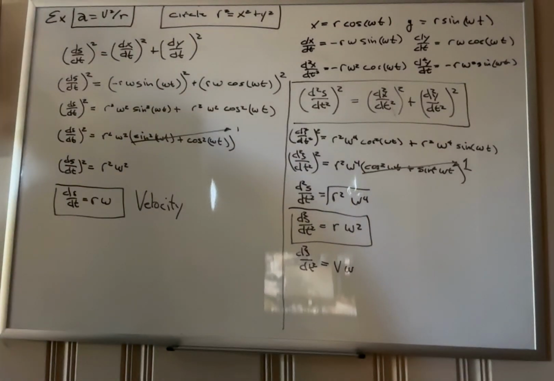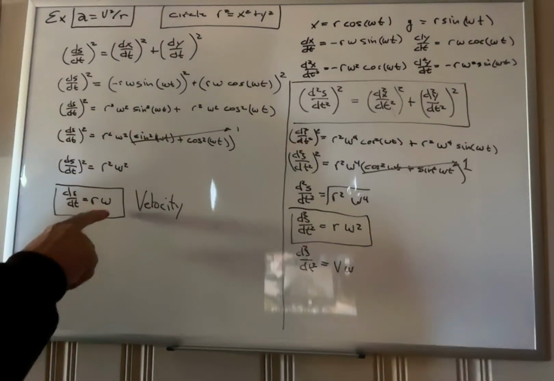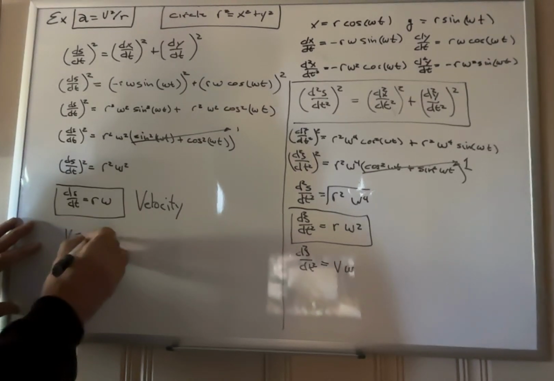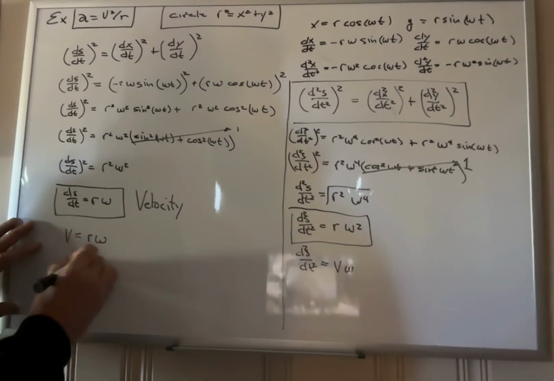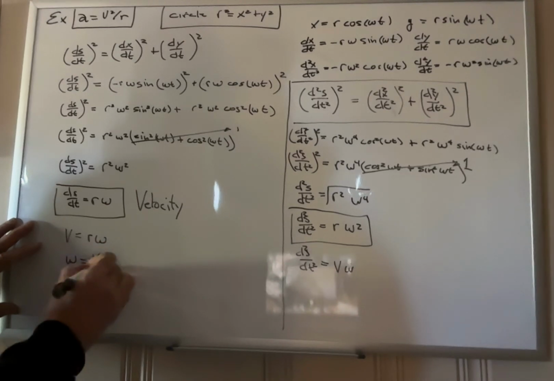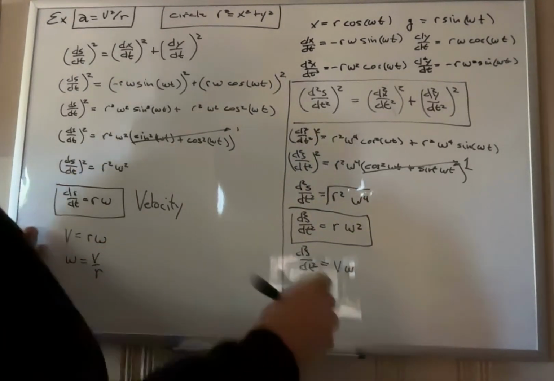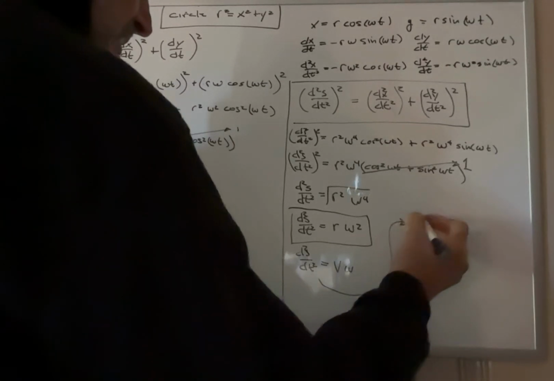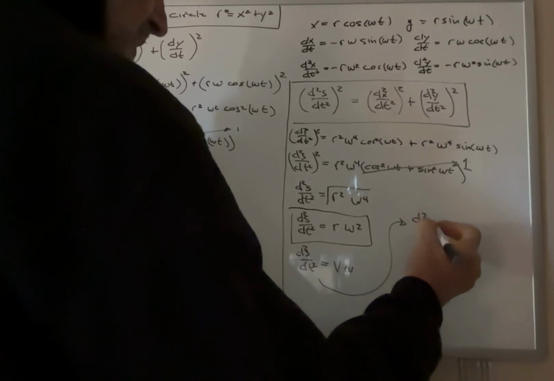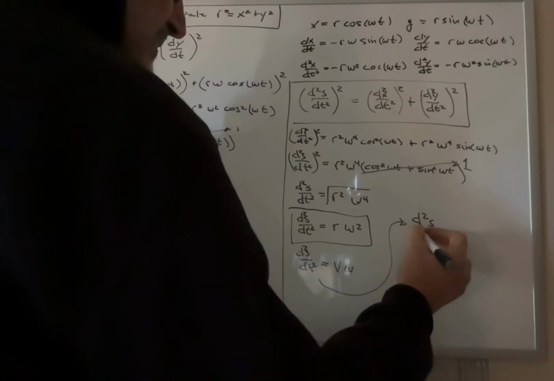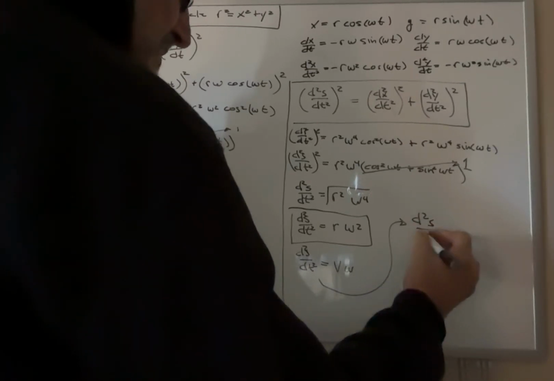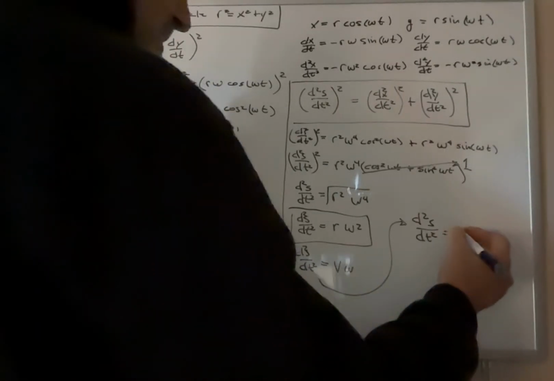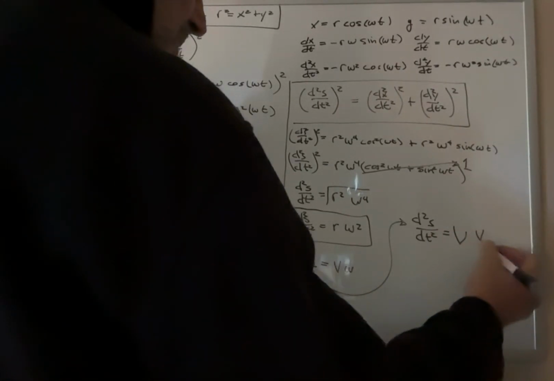And since velocity is rw, we know that w is going to be velocity divided by r, so we can plug that in here. We get the second derivative of s is equal to v times v divided by r.